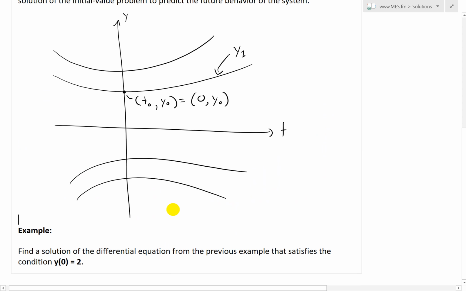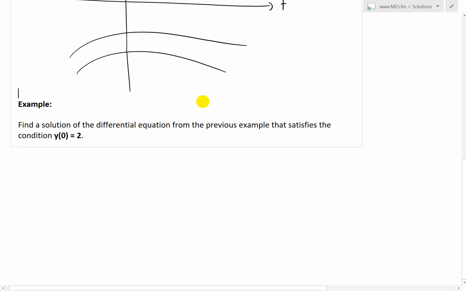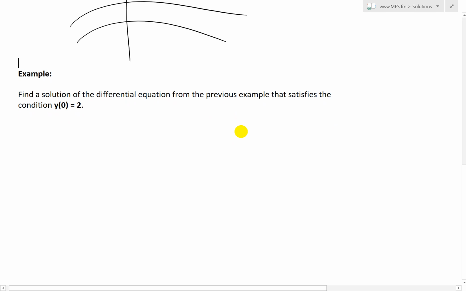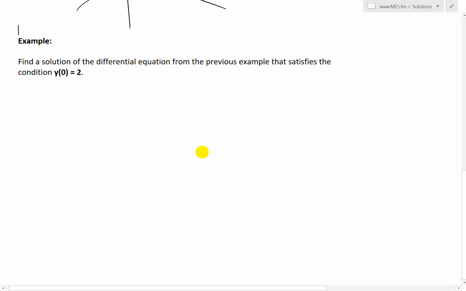Now let's go over a quick example to illustrate how to go about solving for a particular solution. This example states: find a solution of the differential equation from the previous example that satisfies the condition y of 0 is equal to 2. Recall from my last video that the differential equation was y prime is equal to 1/2 (y squared plus 1).